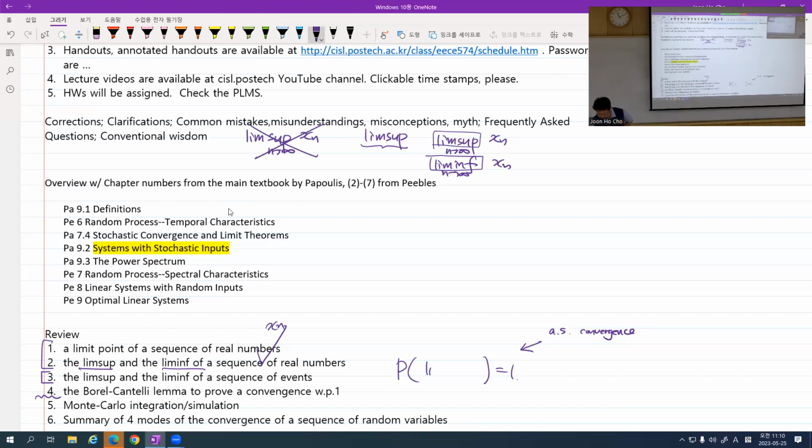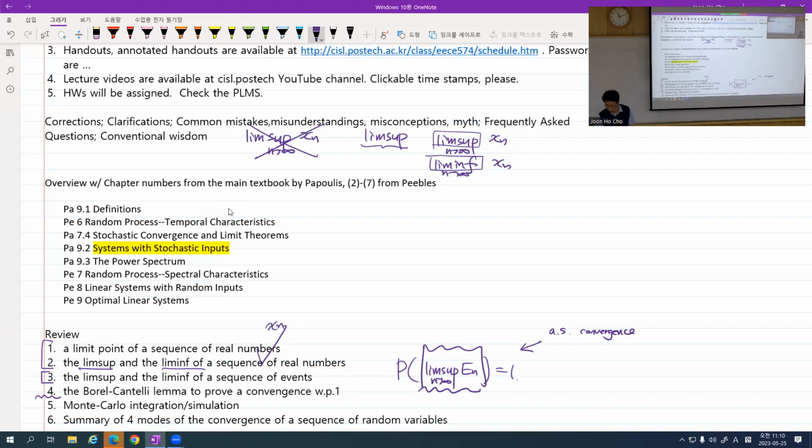And here goes some lim sup of event n. So in order to prove some sequence of events converges, in order to show some limit, when measured using the probability measure, equals 1, with probability 1, that is related to almost sure convergence, you need the notion of lim sup of events.